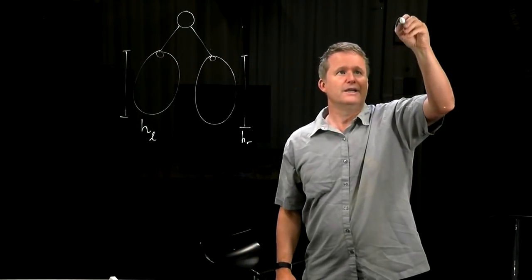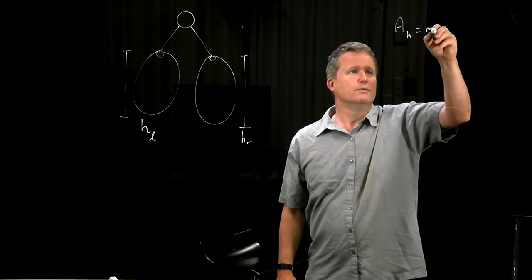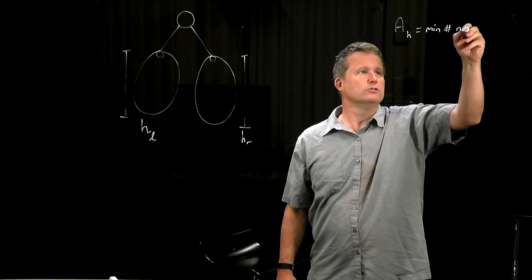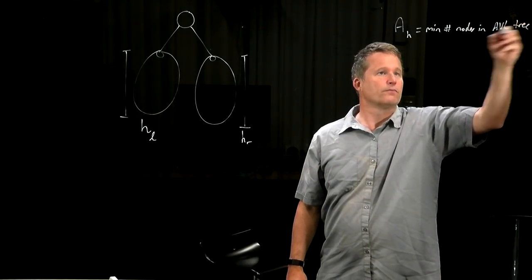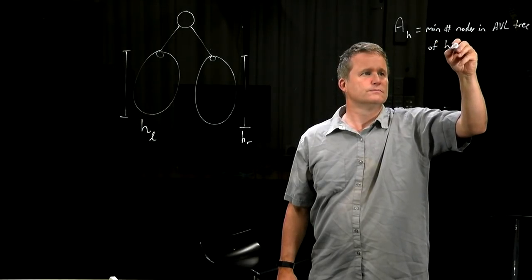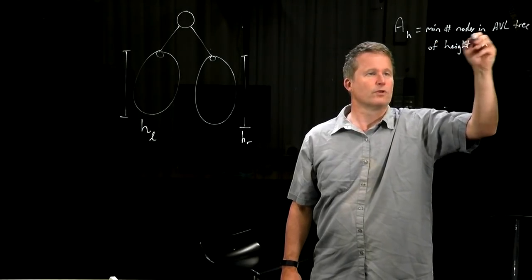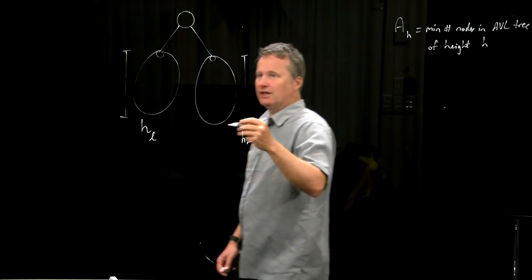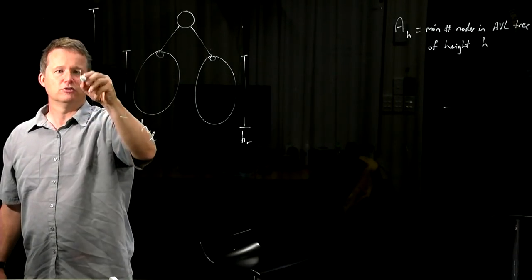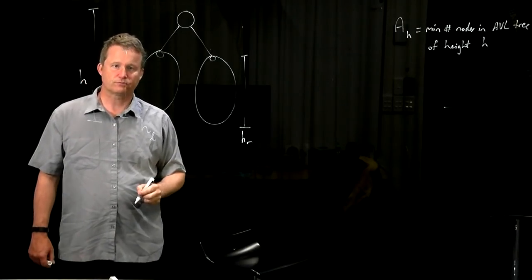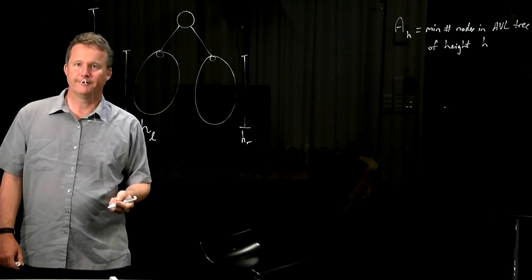So I'm going to let A sub h be the minimum number of nodes in an AVL tree of height h. And let's suppose we have a tree here which has height h and in fact has the minimum number of nodes for that height. It's an AVL tree.